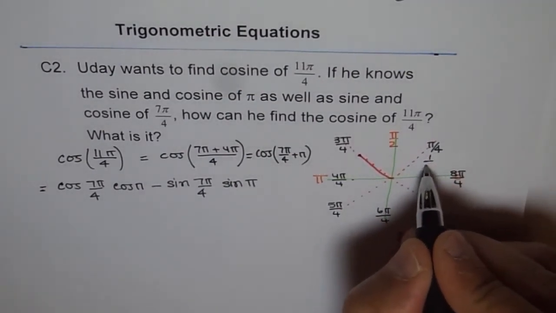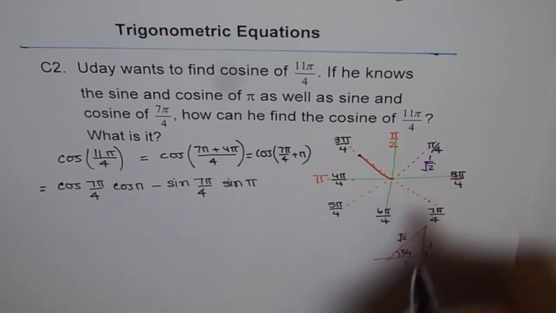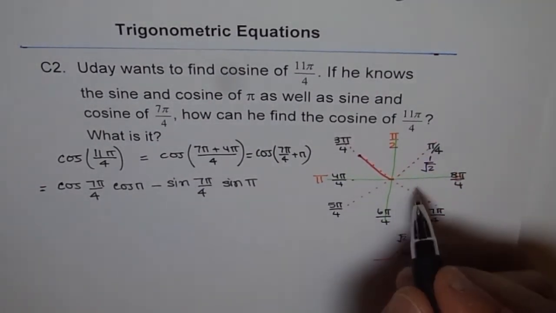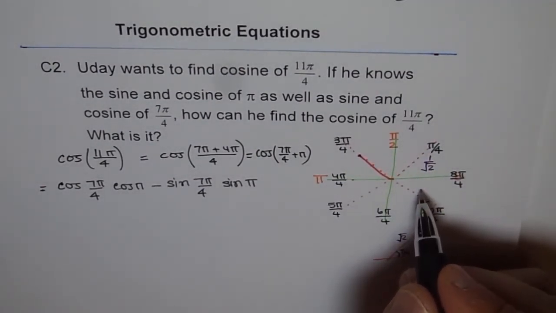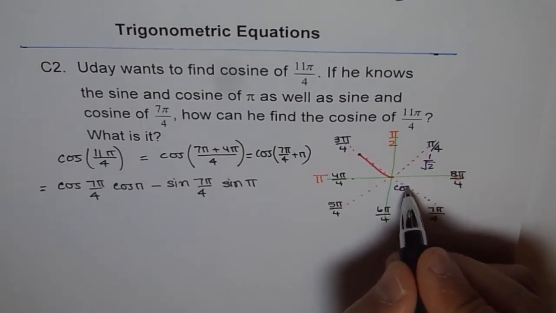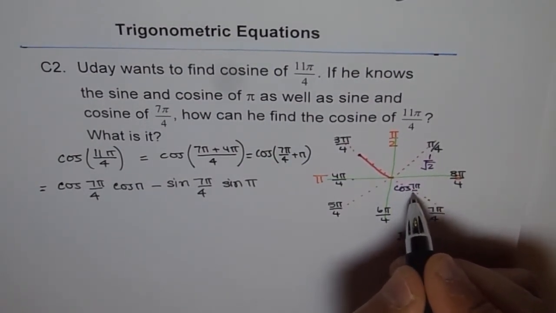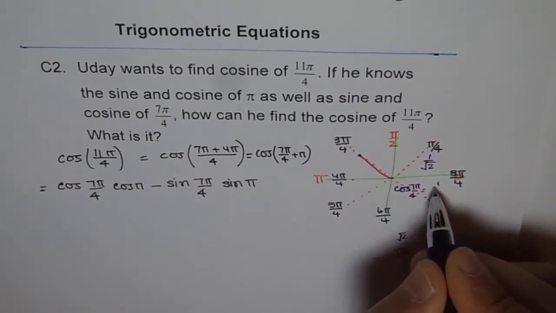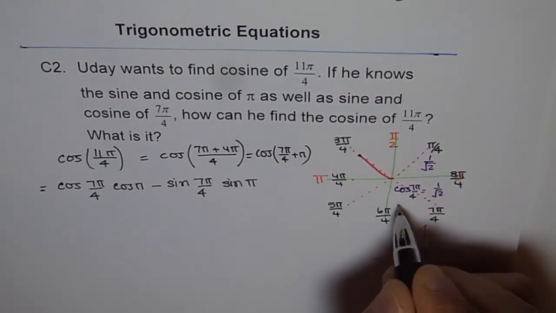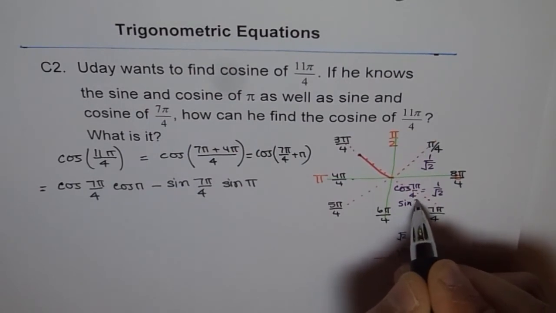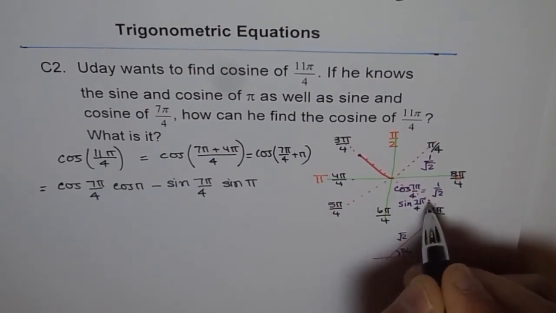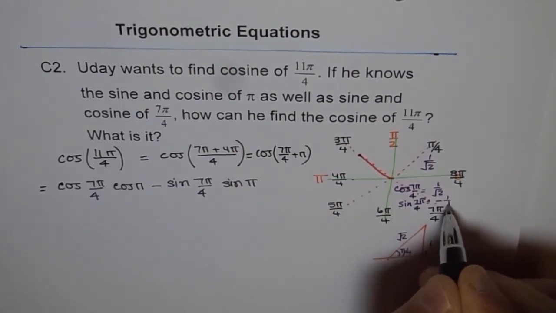But in this quadrant, cos is positive, so for cos of 7 pi by 4 we have 1 over square root 2. But for sine of 7 pi by 4, it is minus 1 over square root 2, correct?